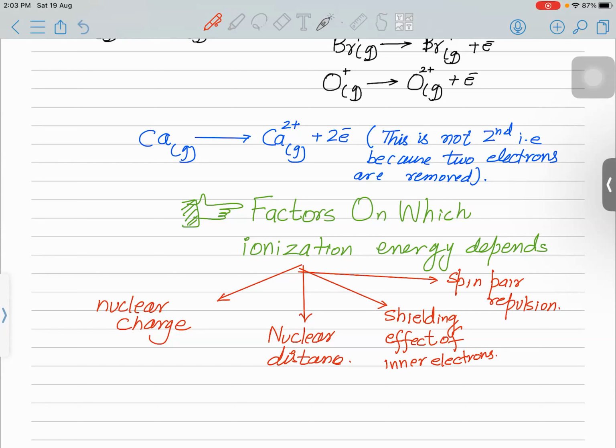Mohammed, can you repeat what ionization energy is? Ionization energy is the energy required to make an element lose one electron, to form a gaseous ion from a gaseous atom. And what is second ionization energy?